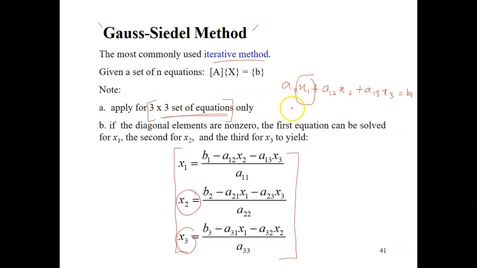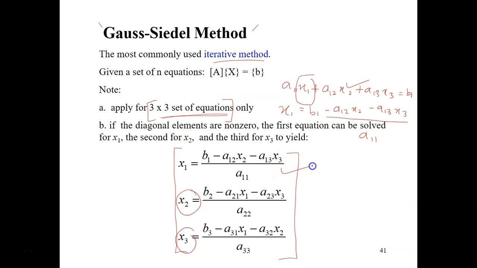For this linear equation, you just bring everything to the right hand side, leaving only x1 at the left hand side. So this one is x1 equals b1 minus a12 x2 minus a13 x3, divided by a11. I wouldn't call this a formula because you can definitely rearrange this back from your linear equation into this. But these are the formulas that you will be using for this Gauss-Seidel.